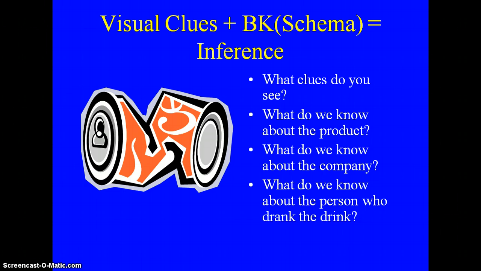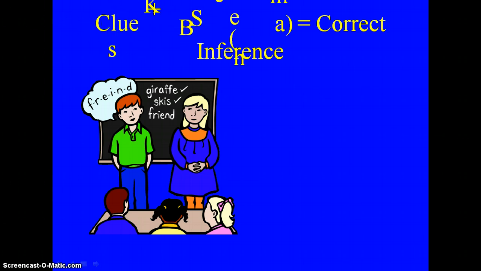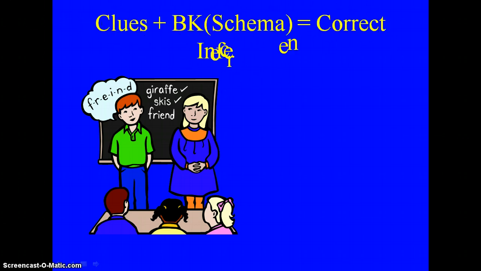And what do we know about the person who drank the drink? Okay, and I'm not going to give you the correct inference. I'm going to forward through this fairly quickly, and we are going to use this in class tomorrow.